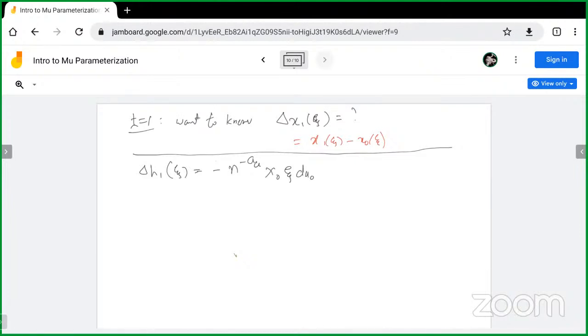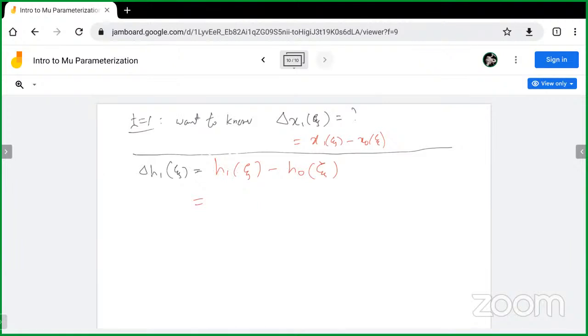So what is delta H1 zeta? Just write it in 2 steps. This is H1 theta minus H0 theta.